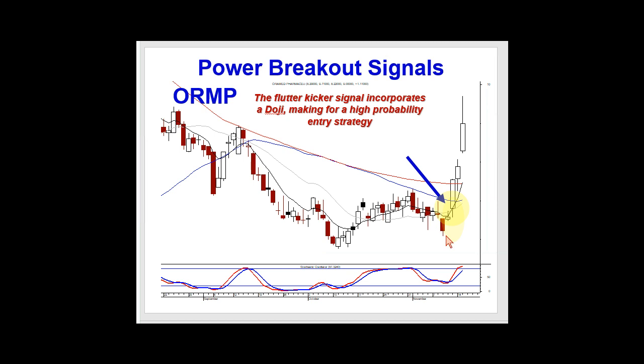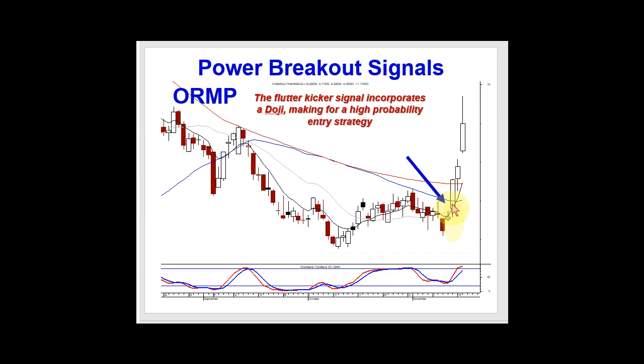If you see candlestick buy signals, especially like in this case, a bullish flutter kicker signal where the doji closed right at the T-line, it makes the entry a very high probability situation.